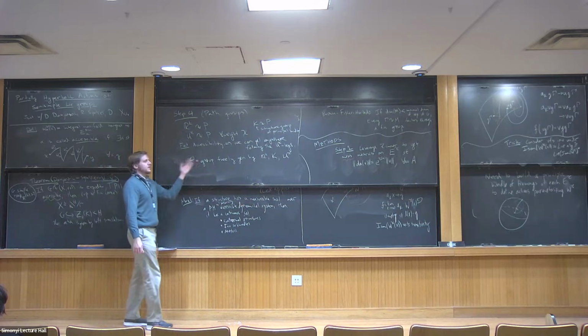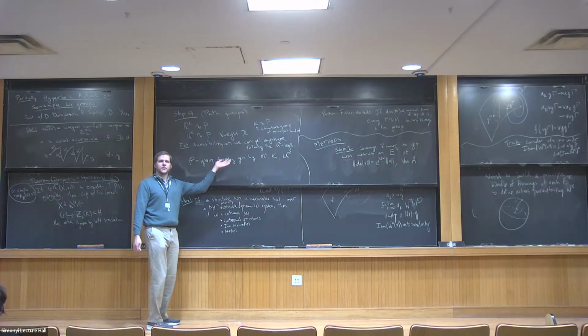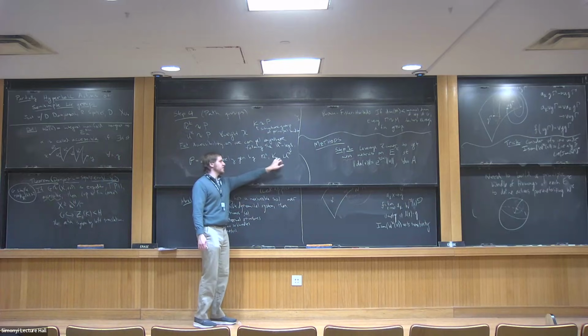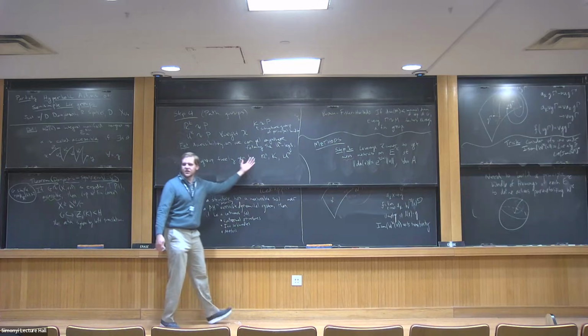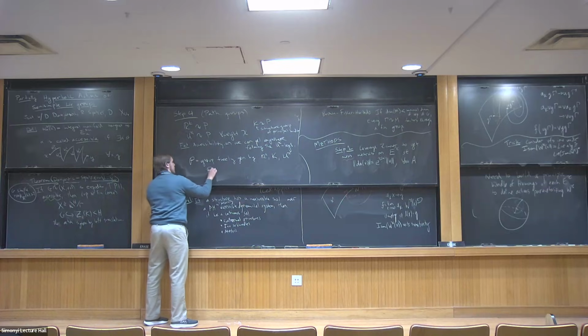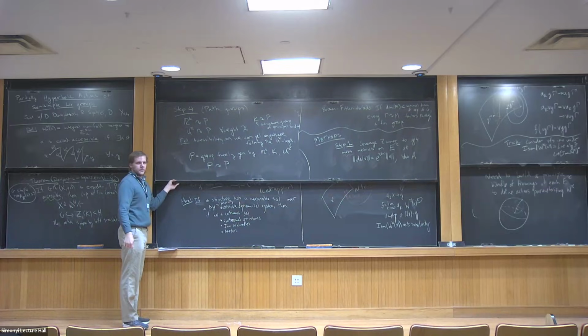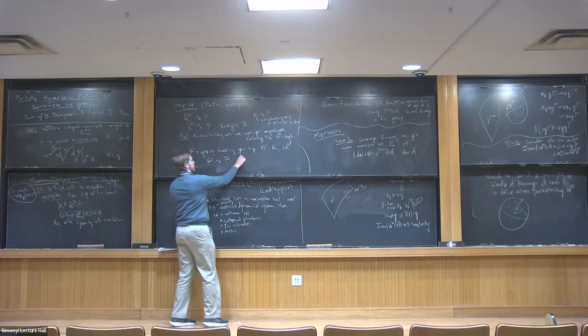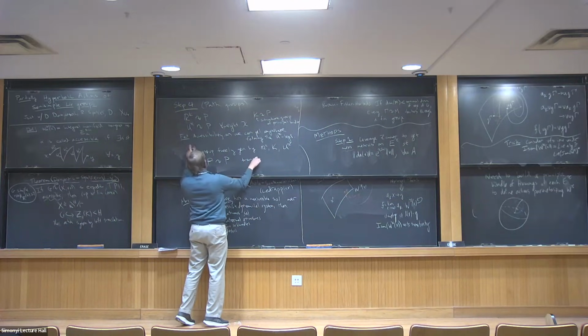And P, because this is sort of free, there are no relations among these. Whenever I have a group action of these guys, just like the universal property of free groups, the same thing is true for free products. So P is going to act on the principal bundle, and it's going to act transitively by this fact.